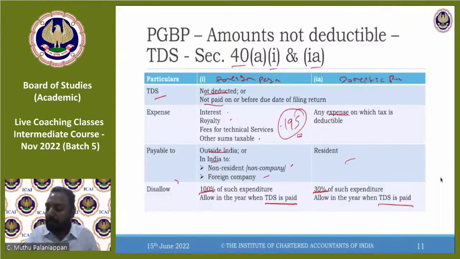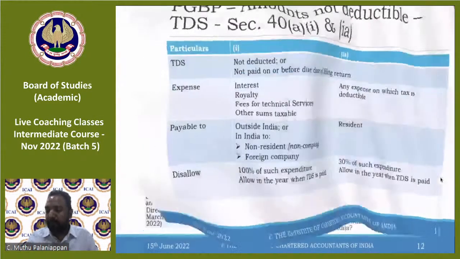So what you need to remember is only this with respect to TDS under PGBP. The rest you will probably understand in detail in the chapter on advance tax or TDS.